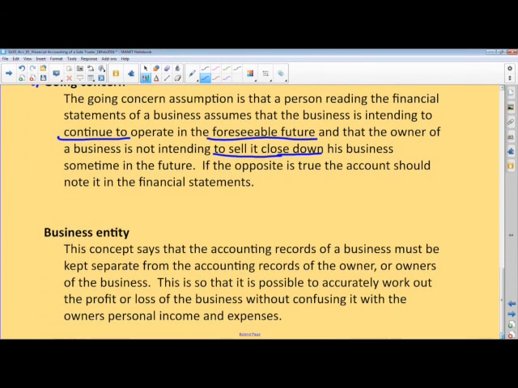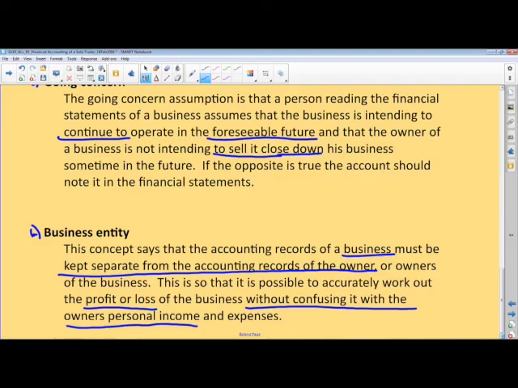We have the business entity. This concept says that the accounting records of a business must be kept separate from the accounting records of the owner. So all owners of the business. This is so that it is possible to accurately work out the profit and loss of the business without confusing it with the owner's personal income or expenses.